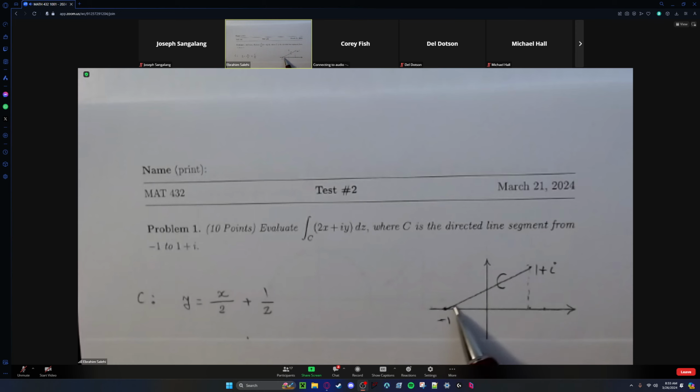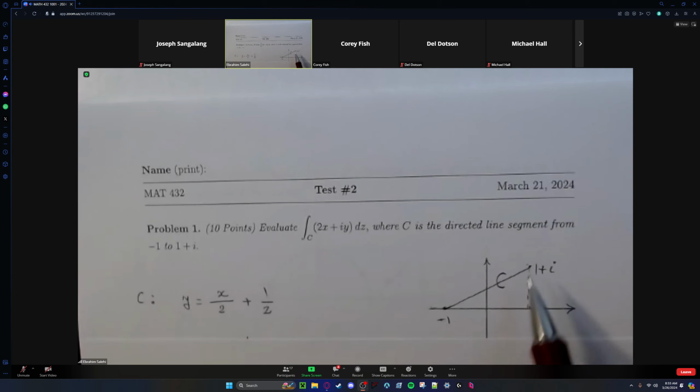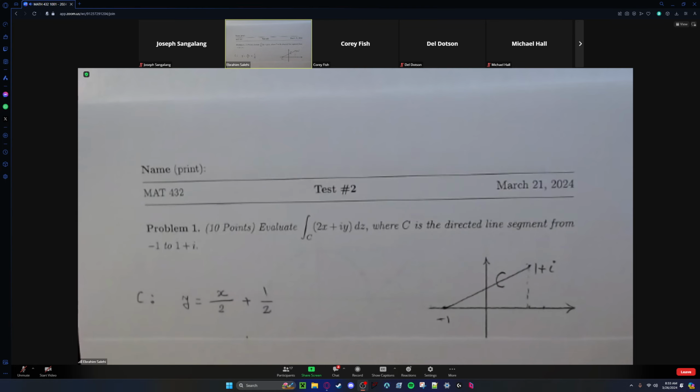So this is the curve C over which we are integrating. Well, of course, we need to parameterize this. Equation of this line that passes through this point and that point is right here. Just going to college algebra, you can write the equation of the line.